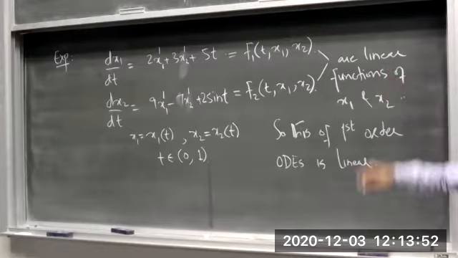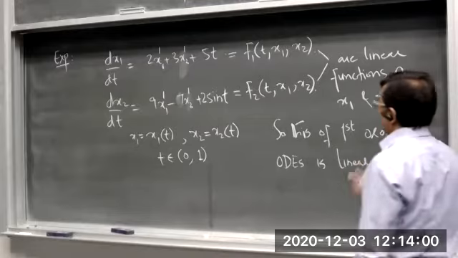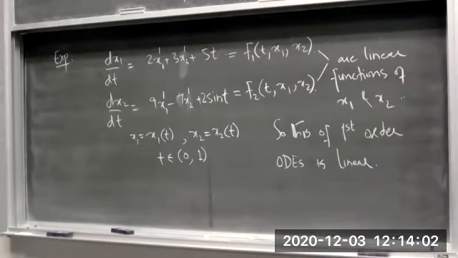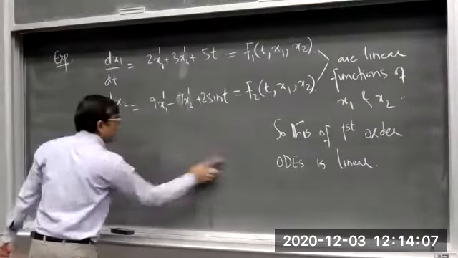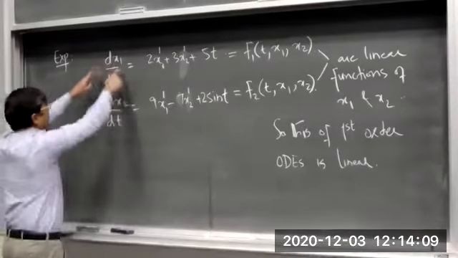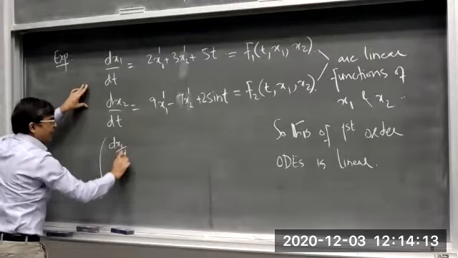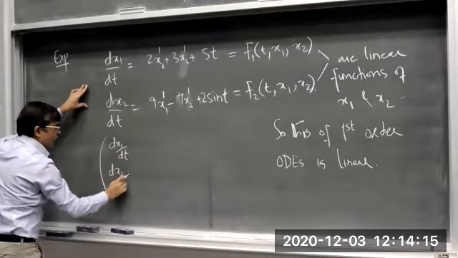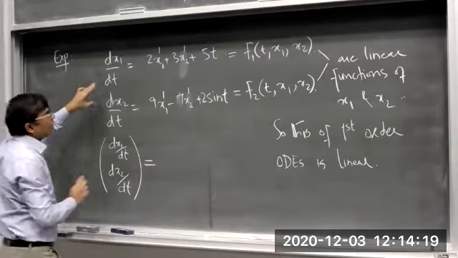If a system of first order ODEs is linear, then we can write it in a matrix form. How can we write it in a matrix form? We put this thing in a vector, dx1 by dt and dx2 by dt. This is a 2 by 1 vector, equal to.